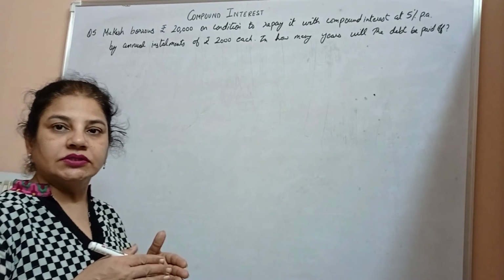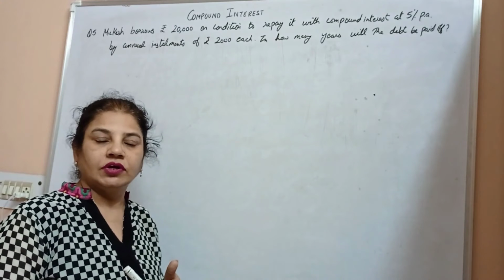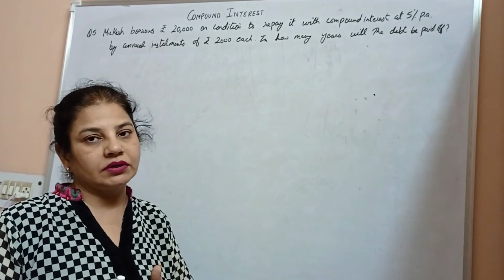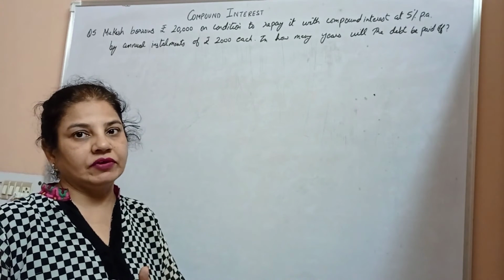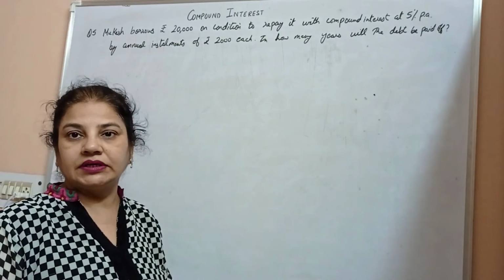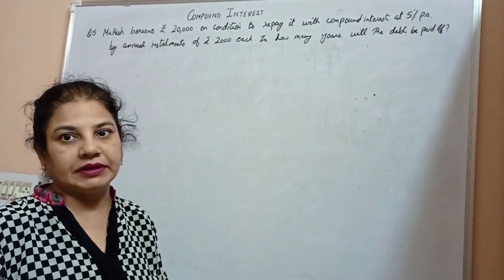Here we know each installment. We know the amount borrowed, that is 20,000. We know the rate of interest also. We have to calculate the time period only.